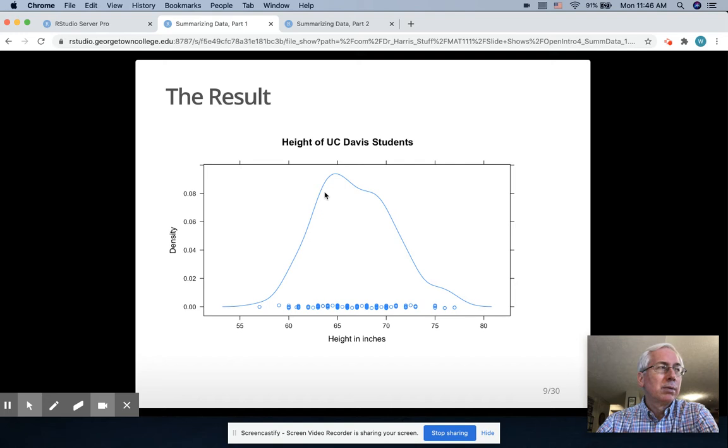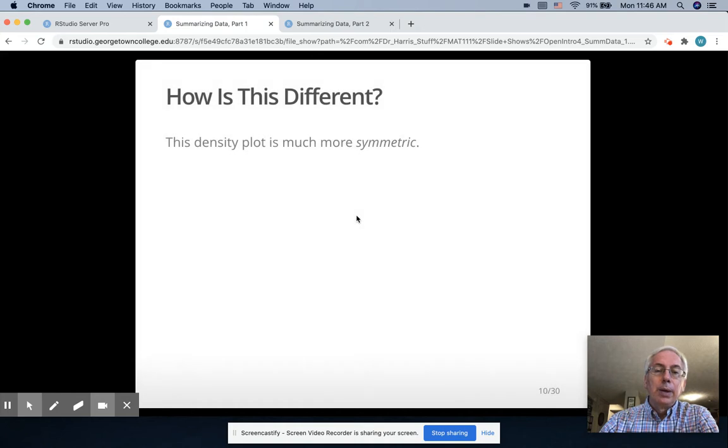Why is that? I'll give you a few seconds to think about that while we go to the next slide, but think about why it might make sense that heights might be double peaked. So this is much more symmetric as we see. It's still unimodal, but heights might be bimodal because our data set included both men and women.